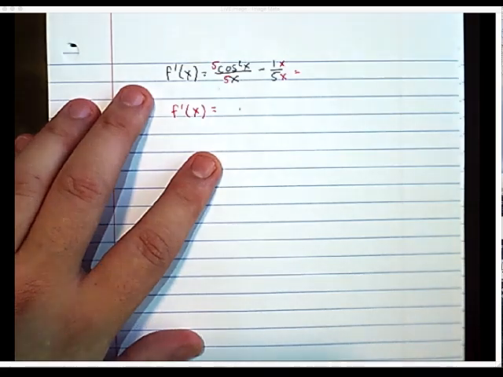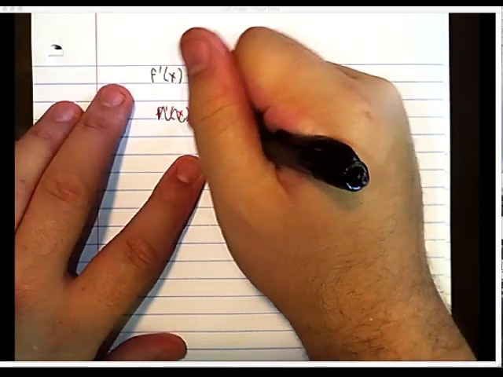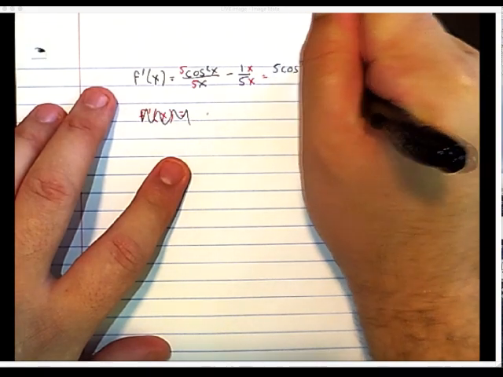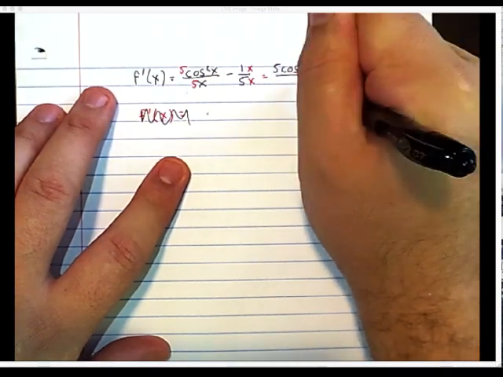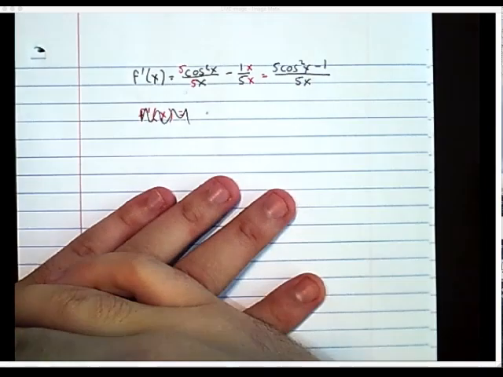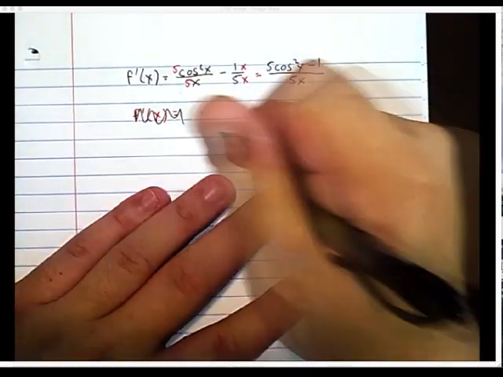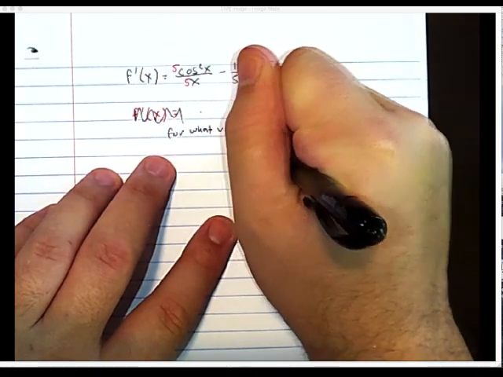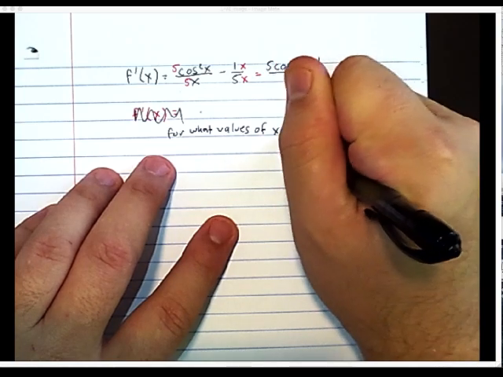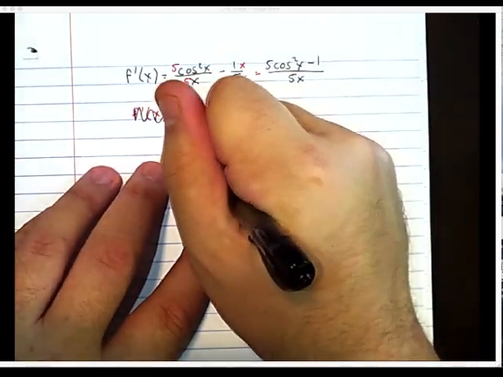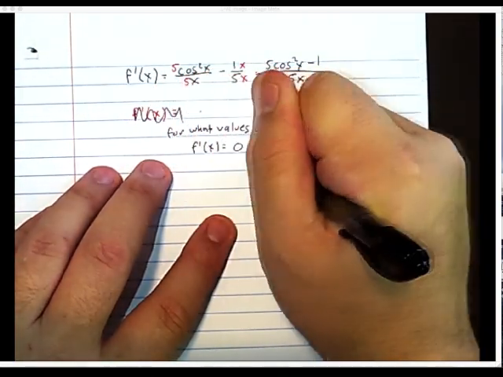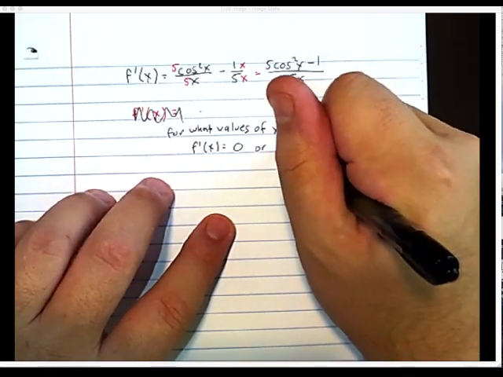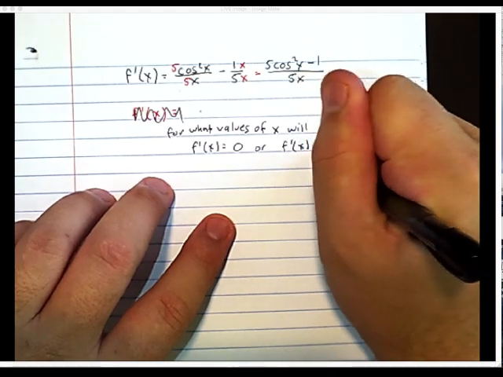So I could rewrite this derivative as 5 cosine squared of x minus 1, all over 5x. What I have to figure out is for what values of x will f prime of x equal 0 or f prime of x be undefined.